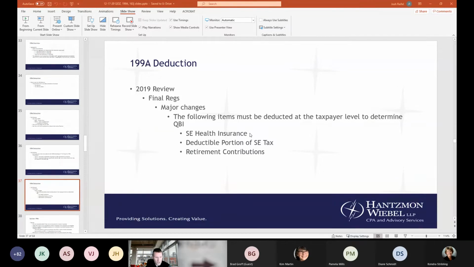And there was an FAQ, frequently asked questions, released by the IRS, I think, about a year and a half ago. And on one of these questions, the answer was yes, the health insurance deduction is deducted twice to get your deduction. So just note that when your tax software reduces the amount of QBI by the SE health insurance, that is correct.